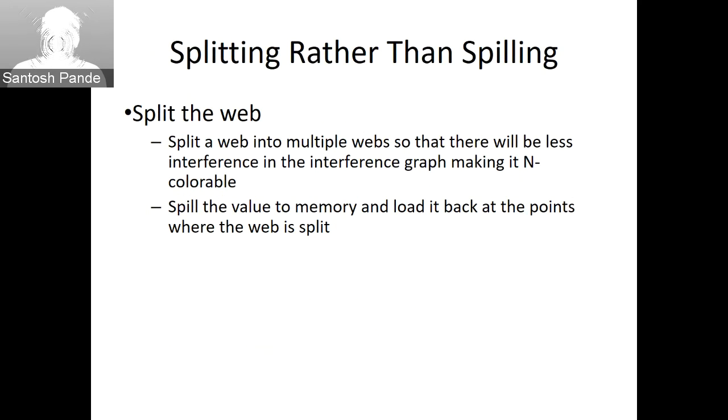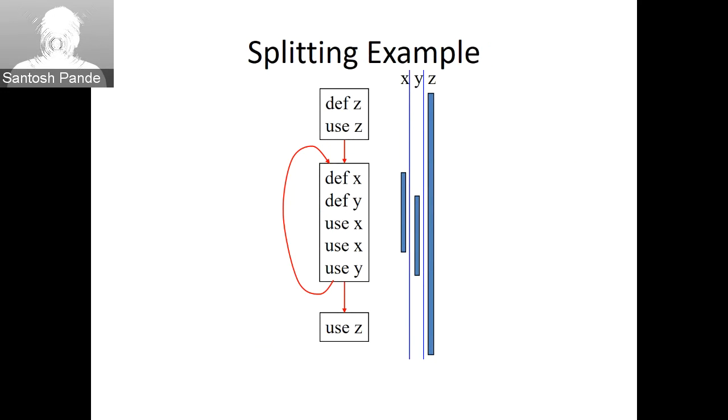We can try and split the web and get rid of some of the interference and make it colorable. So in this case, here is another example in which we again have some definitions and uses of Z, which are outside of the loop, but X and Y have the uses and definitions inside the loop.